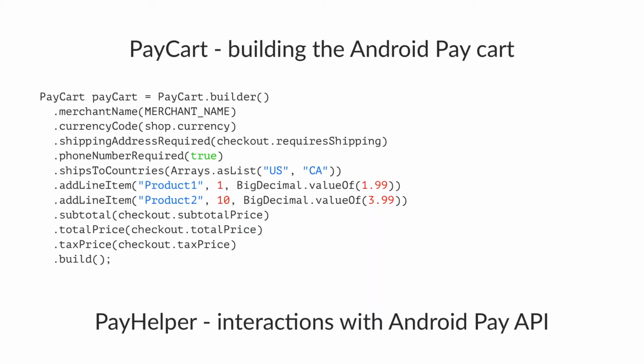You can use it for retrieving the masked wallet with the shipping destination, and then you can also use it for retrieving the full wallet and handling retries in the case of a failure. I'm not going to go into all of the details, but they allow you to go through a series of different interactions with the Android Pay API to finish the Android Pay purchase and complete the transaction.